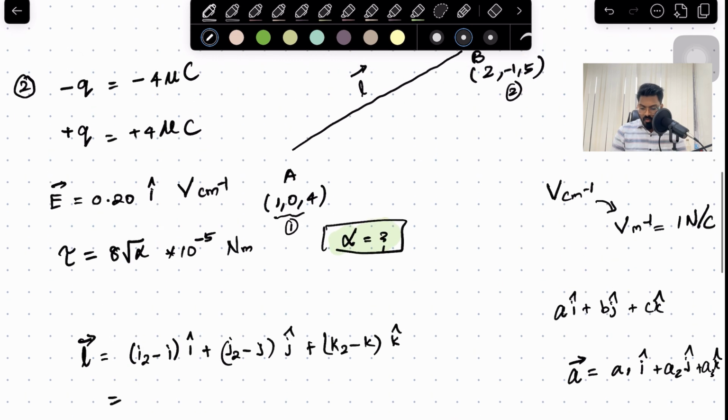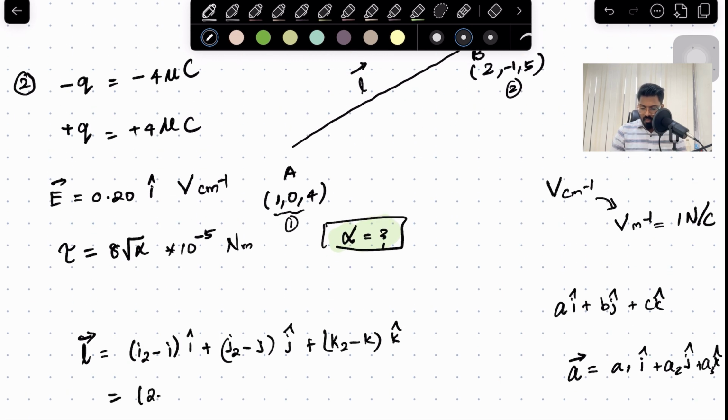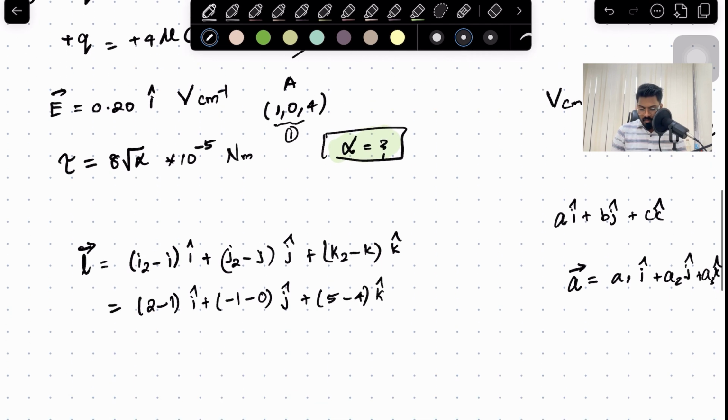So L is the X coordinate of B minus that of A, minus 1 into I cap plus minus 1 minus 0 into J cap plus 5 minus 4 into K cap. If you simplify this, this is I cap minus J cap plus K cap.